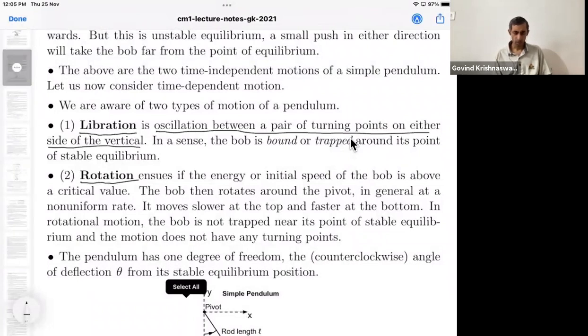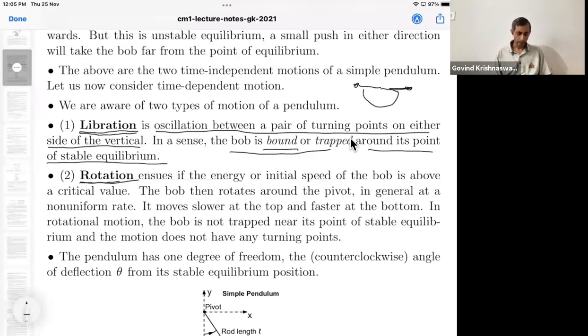In that case, the bob was trapped or bound to the point of stable equilibrium. By the way, we don't assume in libration that the oscillation is small. The bob can go all the way up to the horizontal and come down. That's also very much allowed.